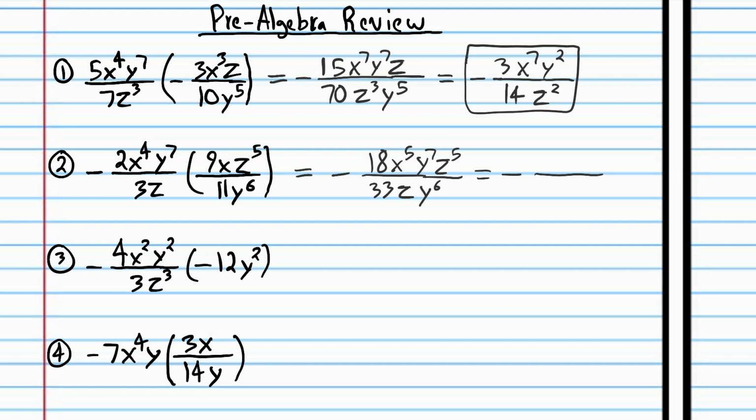And divide 18 by 3 and you get 6, and divide 33 by 3 and you get 11. And so if you got that answer, good job. I should probably write the 11 in the center to make it more symmetric. So again, this is pre-algebra review.